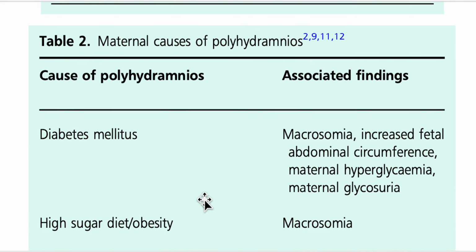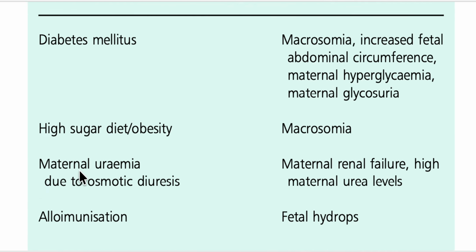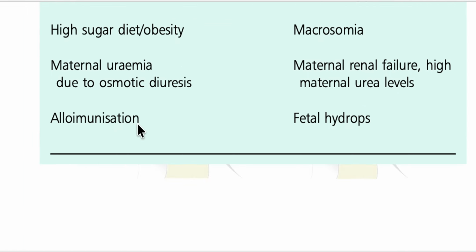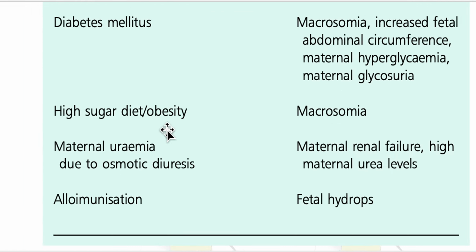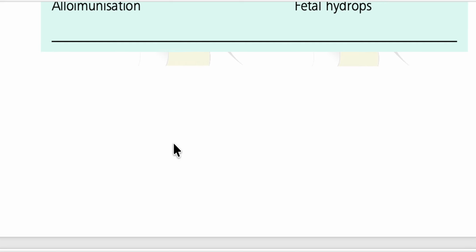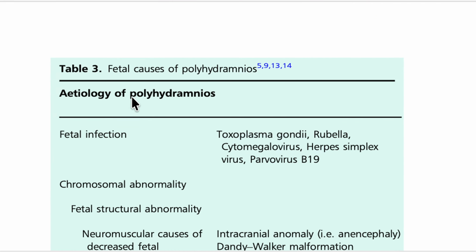Okay. So the maternal causes of polyhydramnios: diabetes, obese woman, maternal uremia, and alloimmunization. This alloimmunization, don't forget, remember if she is having fetal hydrops. And what are the fetal causes of polyhydramnios?